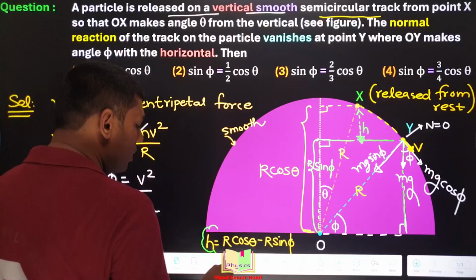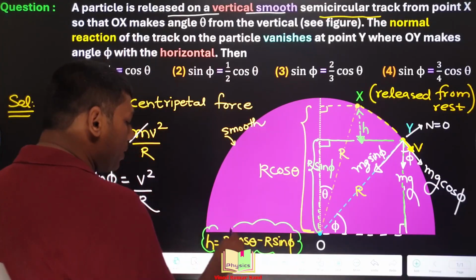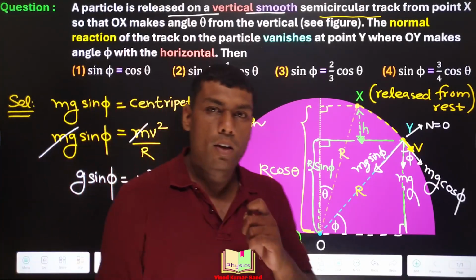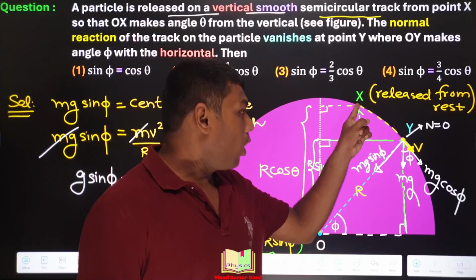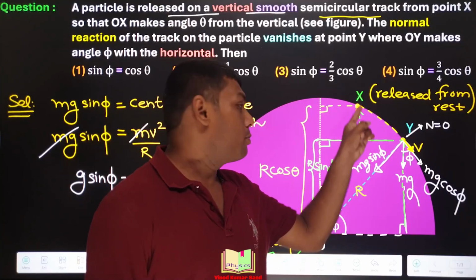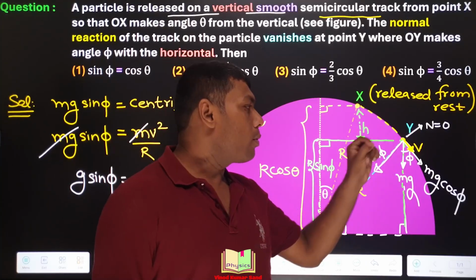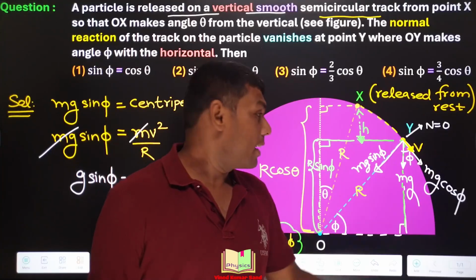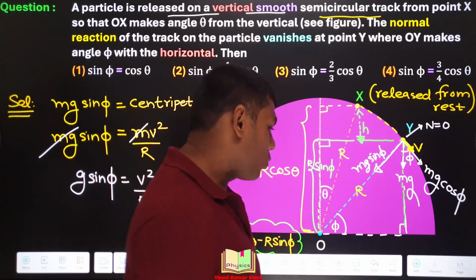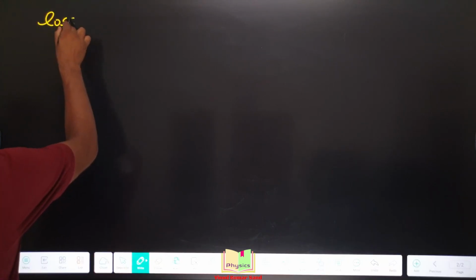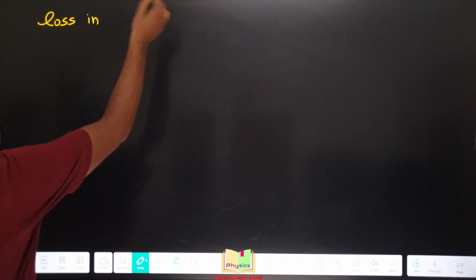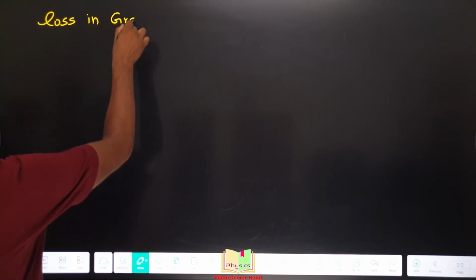Agree? Now on the next page, we'll write that the loss in gravitational potential energy, which is mgh, should be equal to the gain in kinetic energy, which is half mv square. So switching to the next page, when the particle came down, it loses gravitational potential energy.